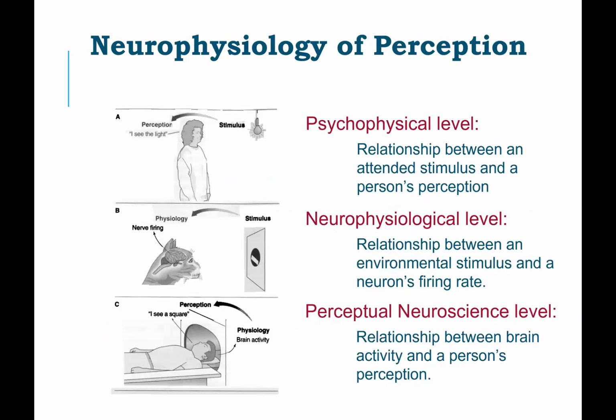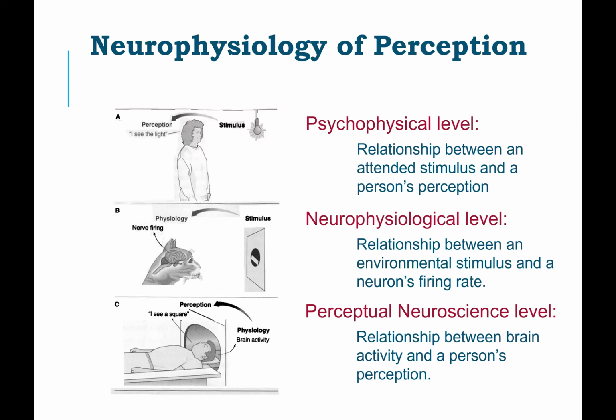This is just a high level thing for you to contextualize what we talk about. Just think about this cycle, that we are in an environment, and the relationships between the things that we're interested in. So for example, perceptual neuroscience is really the relationship between brain activity and perception.